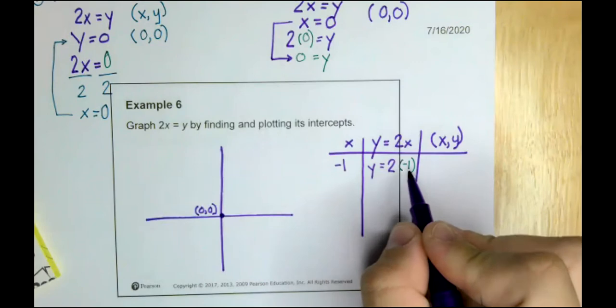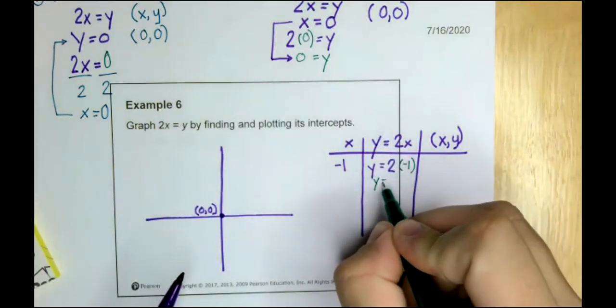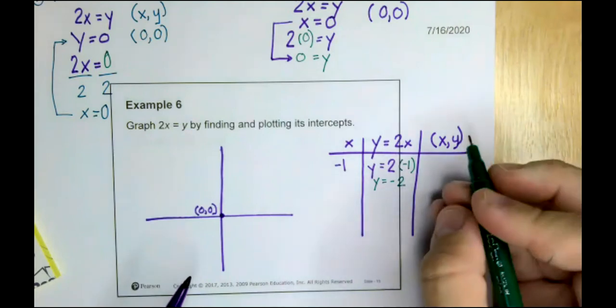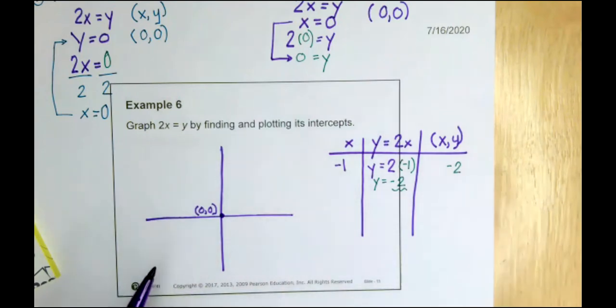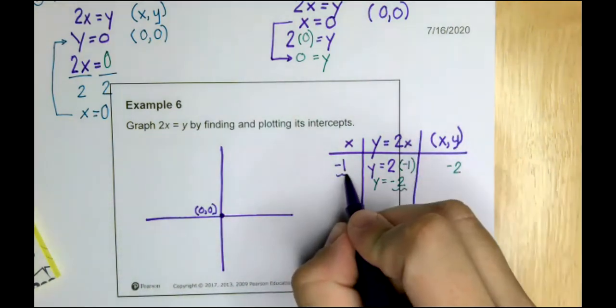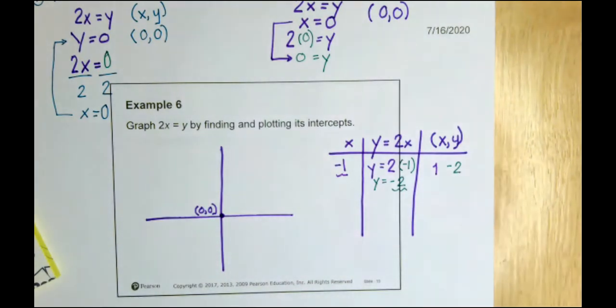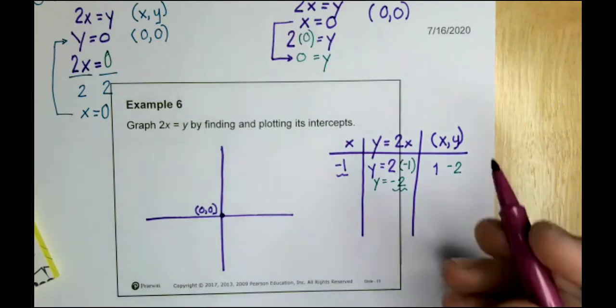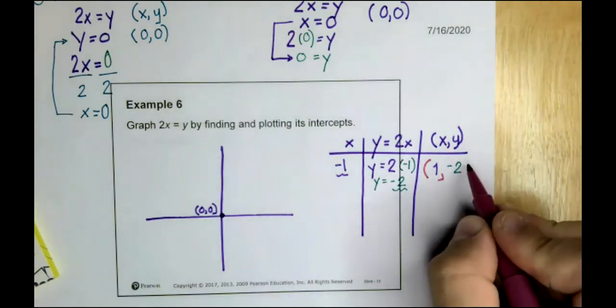Y equals 2 times -1, that's just -2. So y is -2. So this one goes in this spot. This one goes in the x, right? So my point is -1, comma, -2.